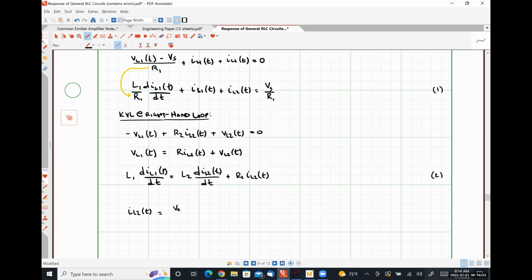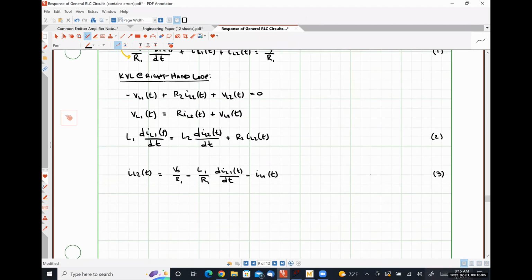So that's going to be Vs over R1 minus L1 over R1 dIL1 by dt minus IL1. Let's call this equation 3.